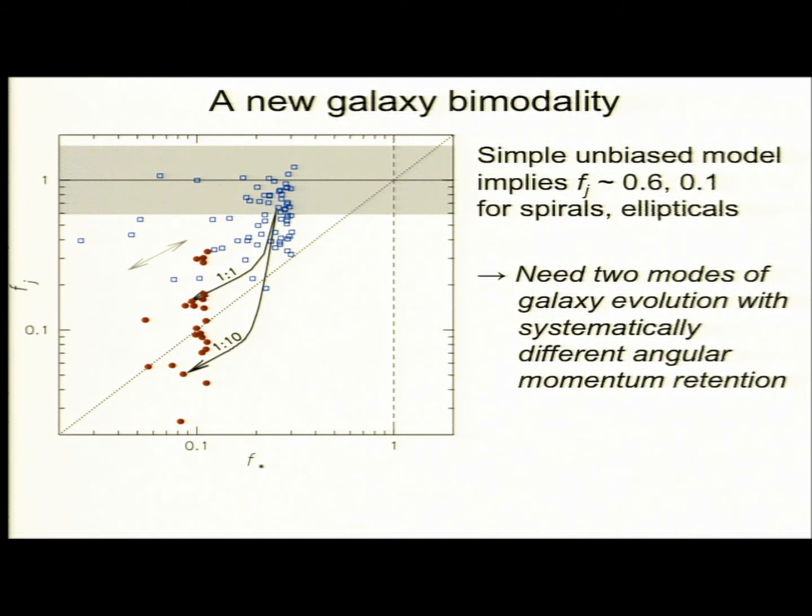And the idea is that there's been a lot of work on getting this to work out for spirals, in simulations and analytic models of some kind of feedback, for example, to remove low specific angular momentum gas, and trying to get ways to get this to work for spirals. Well, whatever you get to work for spirals, in the same self-consistent model you need it to not work for ellipticals. You need to lose the specific angular momentum for ellipticals. So we need to get them both right at the same time to reproduce reality.